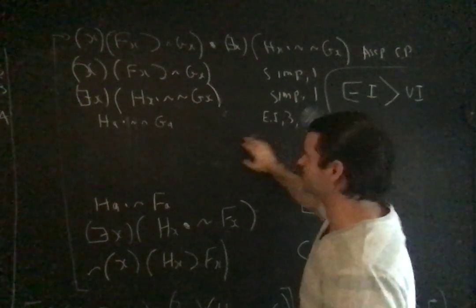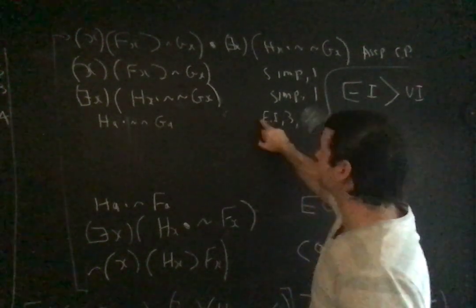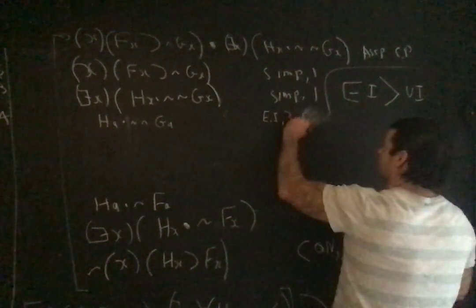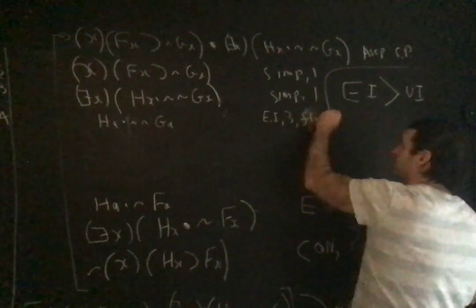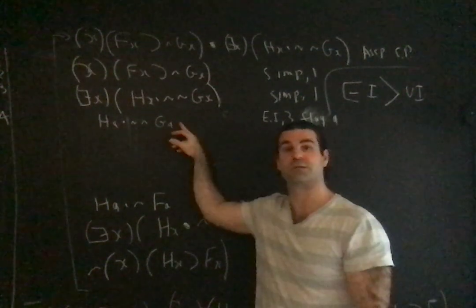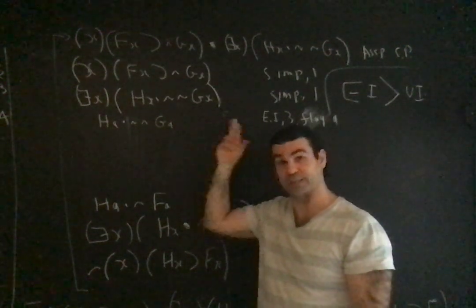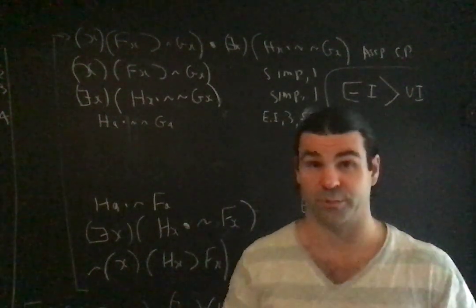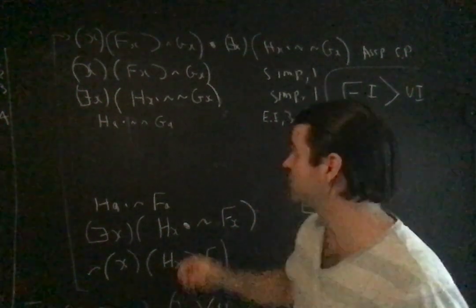All right, existential instantiation from 3. So I have to write flag A, right? Because when I think through what it's telling me, what I'm inferring, I realize that this isn't going to be universally valid. I have to restrict this rule.